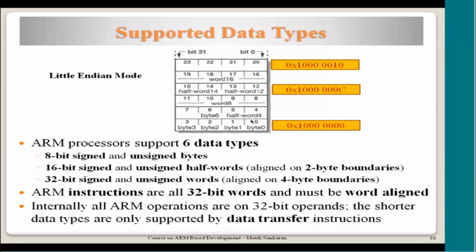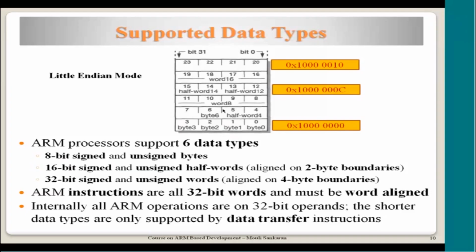That means it could be at a byte address ending with 0 or 1 or 2 or 3. So based on the LSB bits of the address, a particular byte will be picked from the memory and then copied to the LS byte of the register and sign extended or zero extended, based on whether the user interprets it as a signed value or unsigned value. Now what happens to half words?